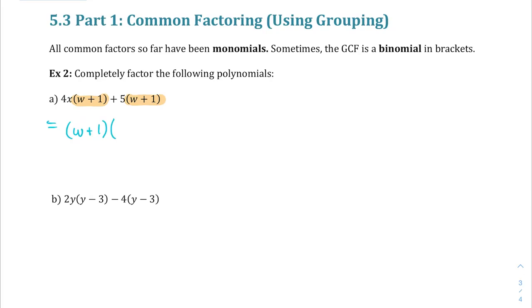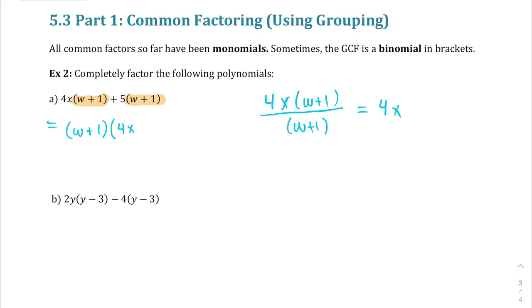So then when you think about factoring now, we have 4x(w + 1) divided by w plus 1. So what is left over if you're to divide these two out? 4x. So that's where we're going to put in our bracket.